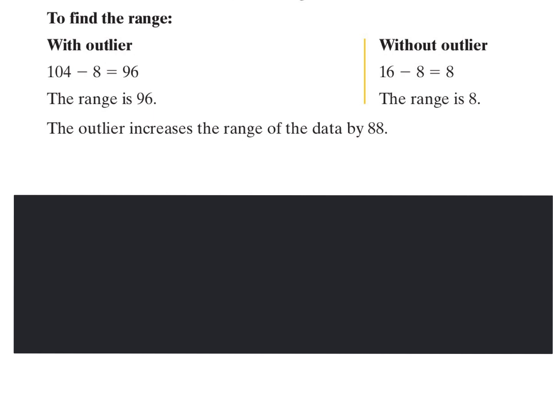We can also look at the range. With the outlier, the range is 104 minus 8, we have a range of 96. Without the outlier, 16 would be the biggest number. 16 minus 8 is 8. So 96 versus 8. The outlier has a big impact on our range as well.